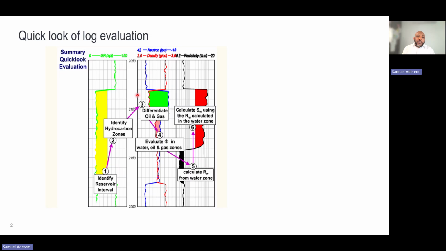But the main point here is this crossover happens whenever there is a gas cap or free gas in the system, and it collapses back just the moment it enters into the liquid zone.